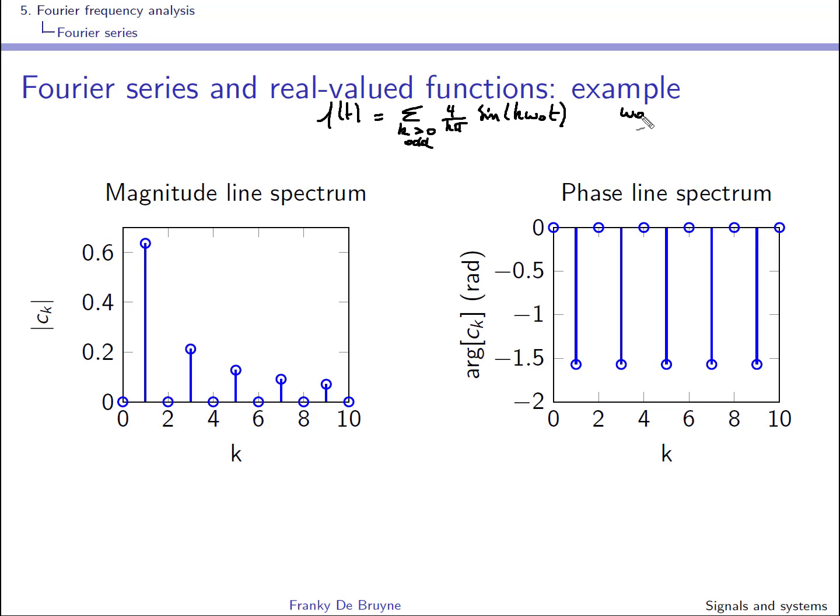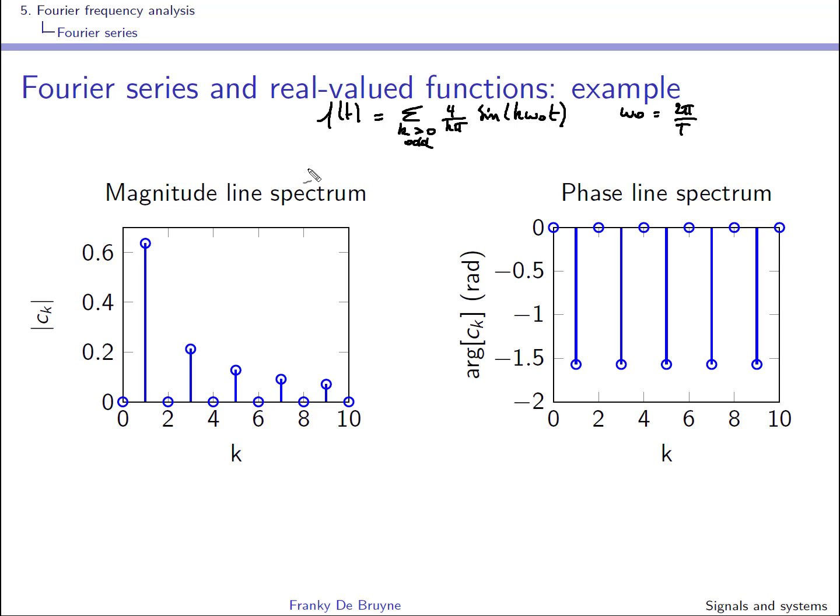So omega 0 was 2 pi over T. So we have decomposed the function in a sum of sines at the fundamental k equals 1 and harmonics k larger than 1, and the amplitude of each term is given by this coefficient over here.